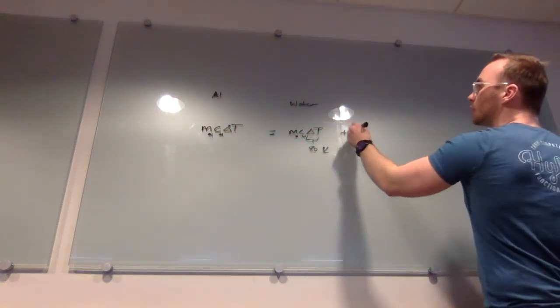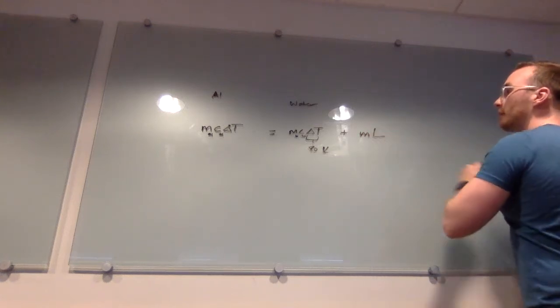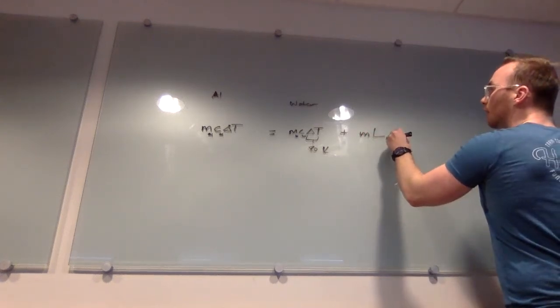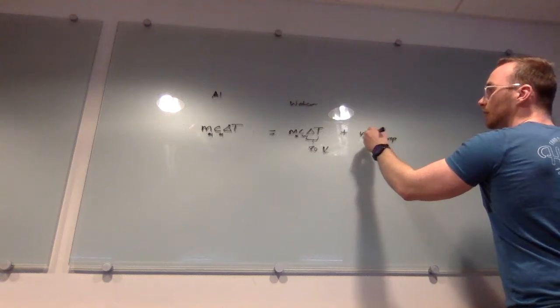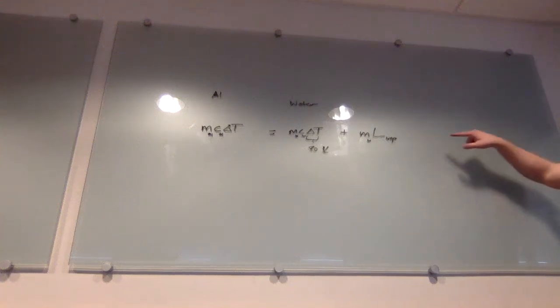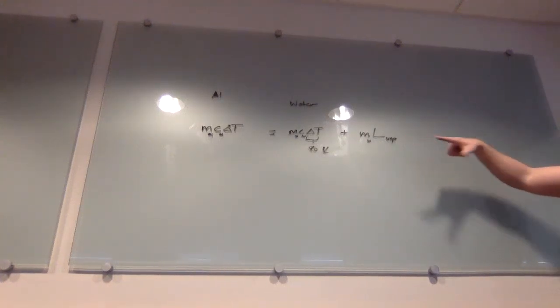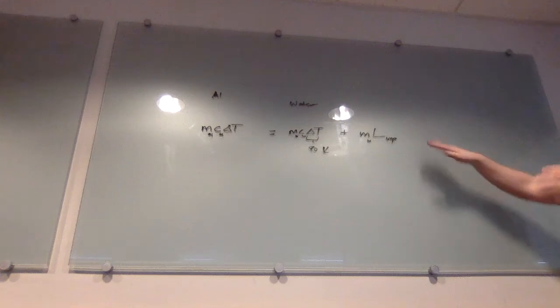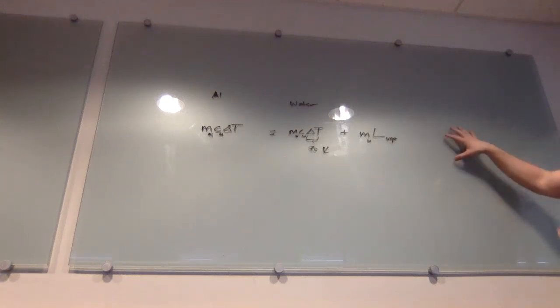But they say it boils, so we know that clearly there's another term that looks like ML. This is going to be vaporization of water. This is the same mass of the water. And that's it. Now if we said it was trapped and it heated up the steam or the vapor, then of course we'd have the other MC.